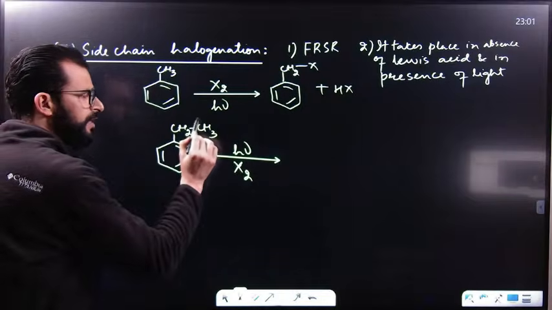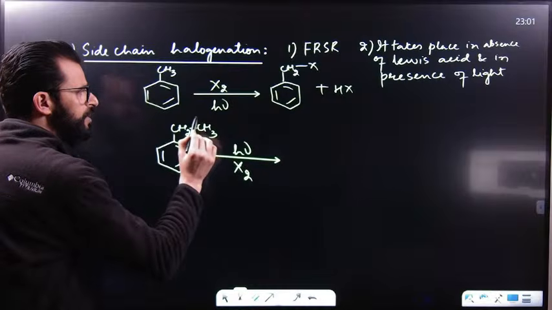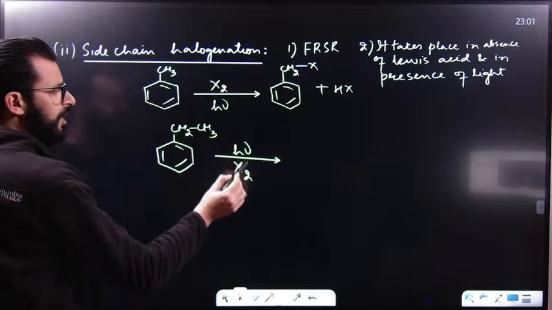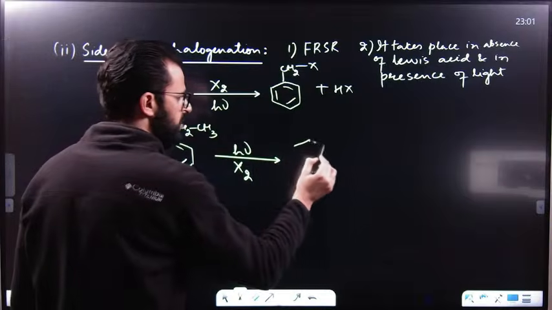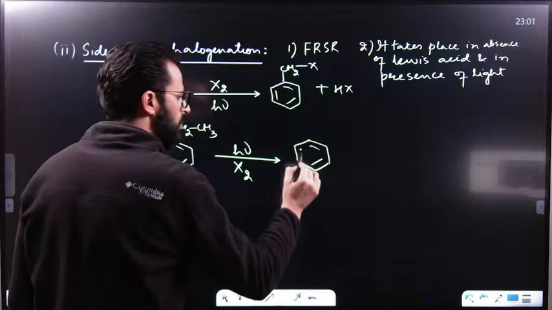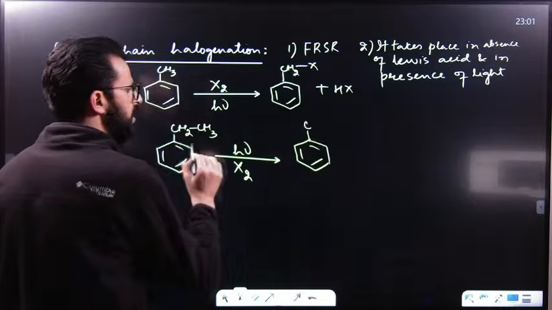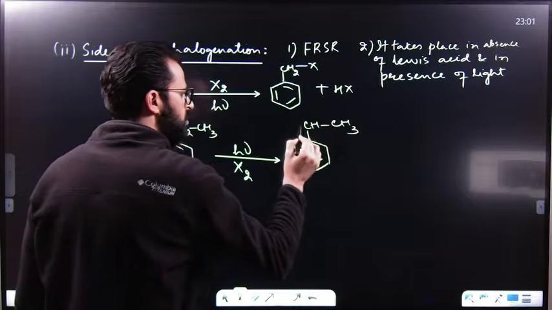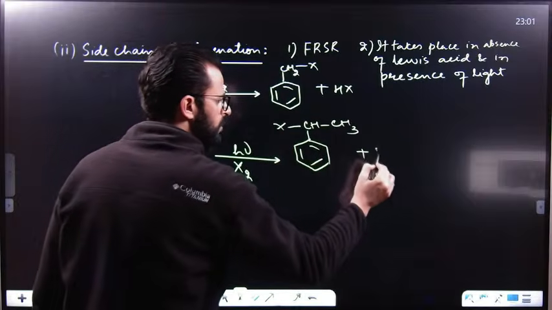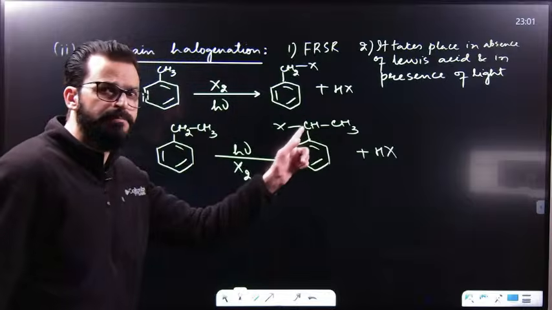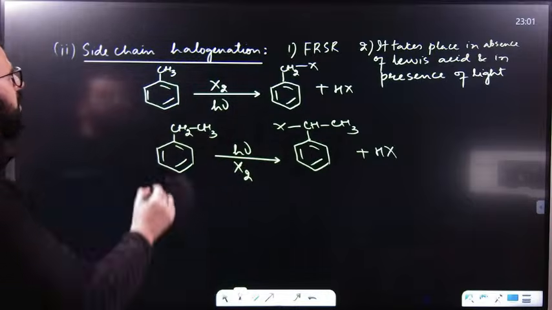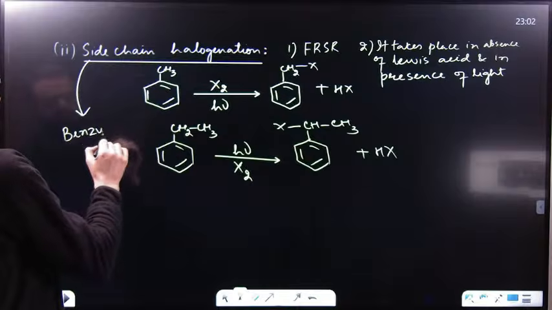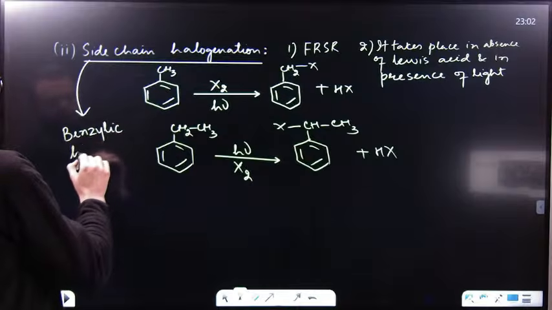Here the free radical is not that much stable as the free radical is stable over here. So that's why halogenation generally takes place in the side chain at the benzylic position. Benzylic position means that carbon which is directly attached to the benzene. So this will be the product over here. So halogenation will take place at the benzylic position, not over here. That's why this reaction is also known as benzylic halogenation.